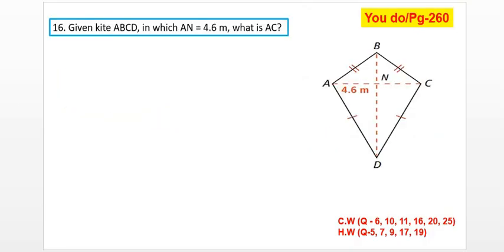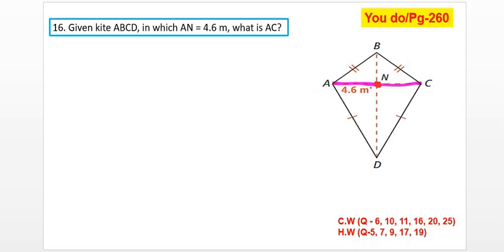Next question is about a kite. They are saying if one of the line segments, this one AN, is 4.6 meters, how long will be the whole line AC? As I told you when I was explaining the properties of the diagonals, one of the diagonals gets bisected.